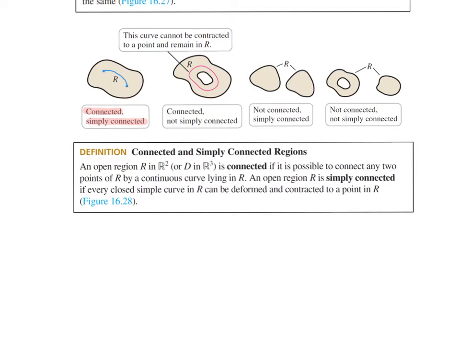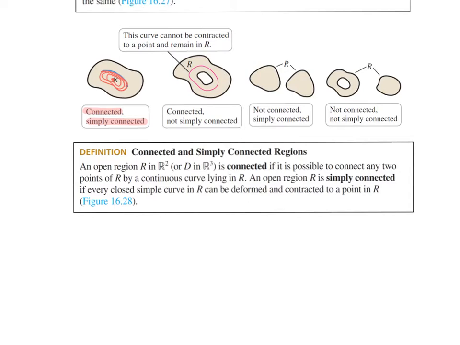Let's say I have this curve in my region, this closed simple curve. If I keep squishing this curve down and squishing this curve down, eventually I can get it to collapse to a single point, where that single point is still in my region. So this first example is not only connected, it's simply connected.